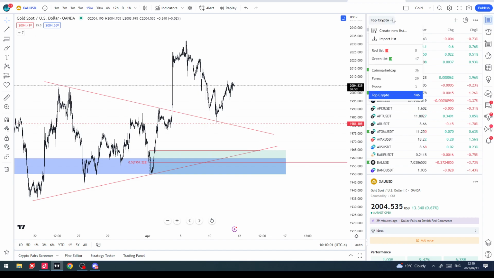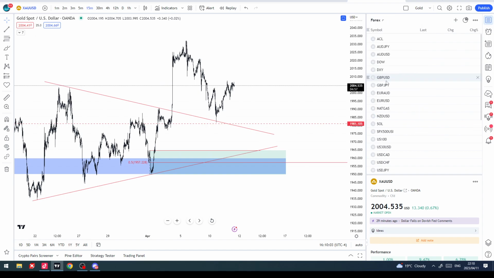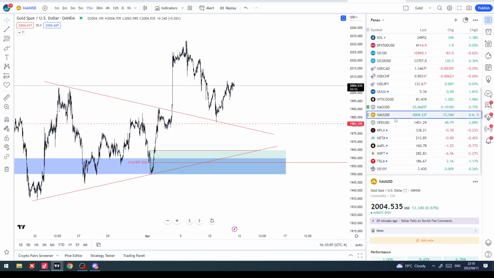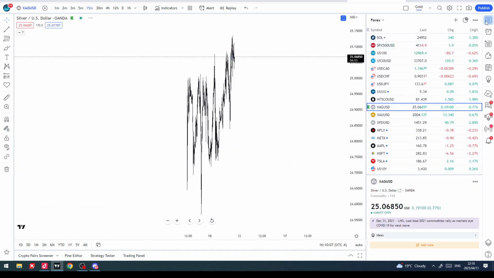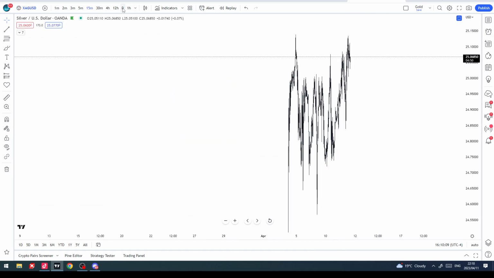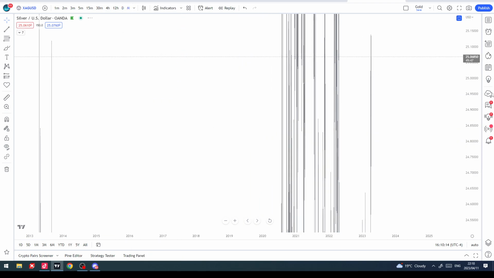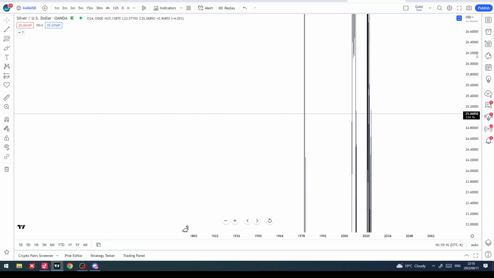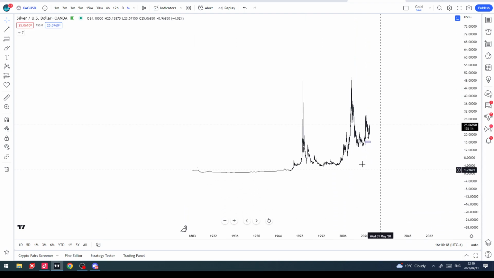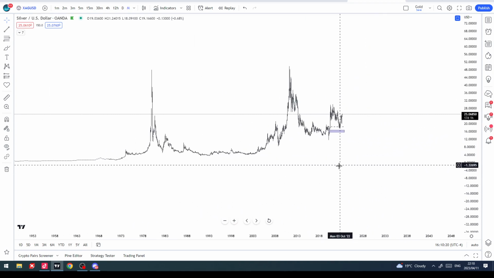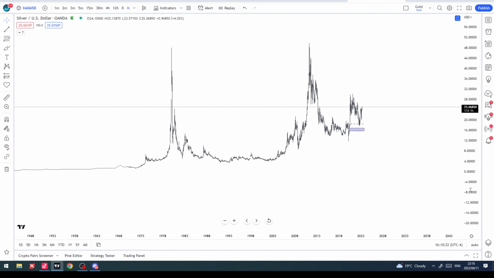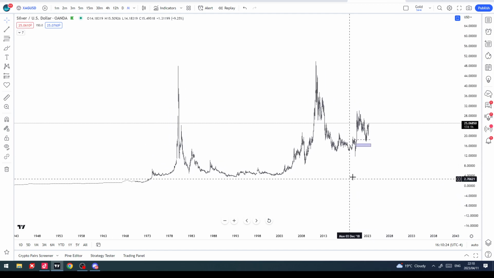So we can have a look at silver. Silver is XAG. Let's start off silver on a monthly and then we'll scale it down. Jeez, looks like a crypto shitcoin, starting to look a bit like LTC or something.